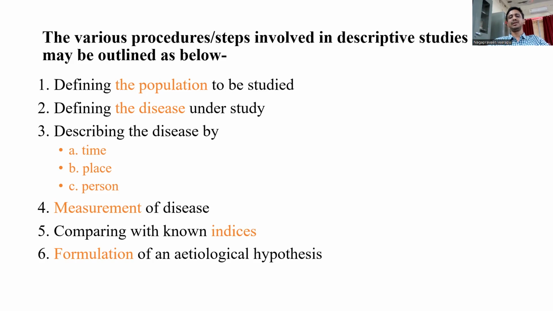And then followed by measurement of the disease with several indices having a numerator or a denominator or a frequency like that. Comparison with known indices, already known. With those indices, we will compare it. Later it ends with the formulation of an etiological hypothesis.